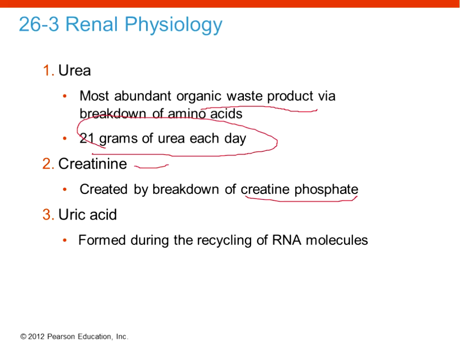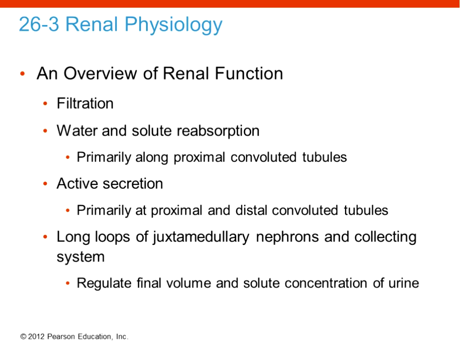Creatinine, as you recall, we talked about creatine phosphate, which was related to muscle contraction, so obviously we're producing a lot of that. And then uric acid is also formed in the recycling of RNA. So you have a lot of components that have no other way to get out, and you need to pass them through urine. So those are some essential components.